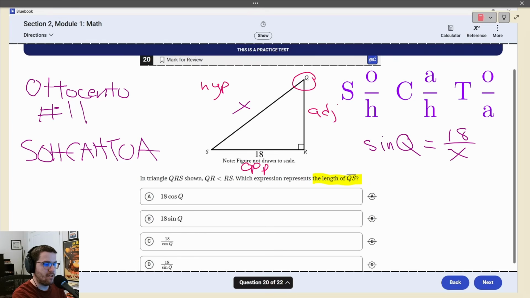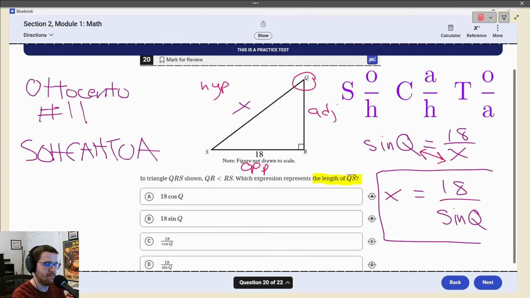When the x is on the bottom, you essentially just swap these two, multiply both sides by x, divide both sides by the trig ratio, or you just do it in one step, swap them. We get x is equal to 18 over sine Q, exactly like in the video. And that looks like choice D, which is the answer.